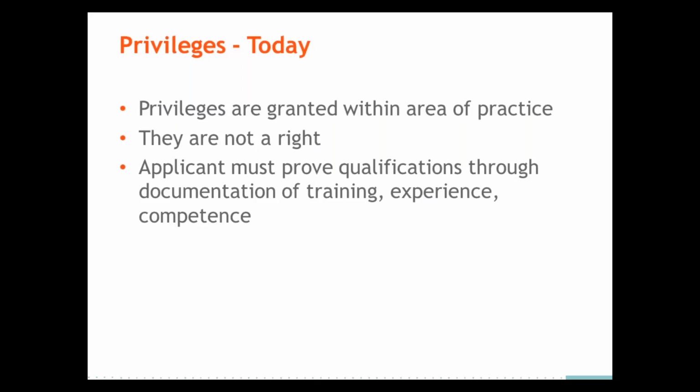If you are a vascular surgeon, you get vascular surgery privileges. So they're granted within a more narrow area of practice, and they're not a right. So the person who is applying for those privileges has to prove that they're qualified, and we do this by making sure that they have the appropriate documentation of their training and their experience and their clinical competence.